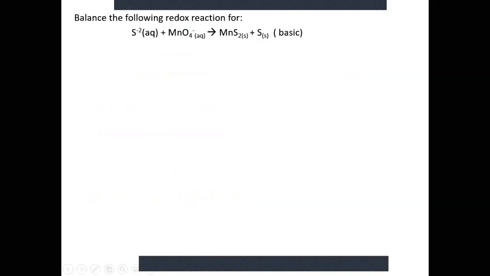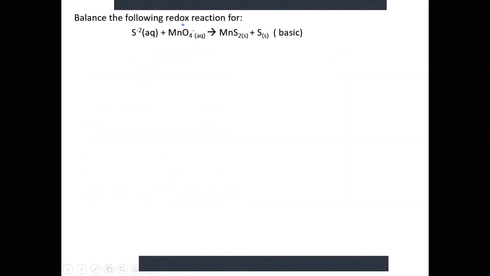So the last example, we want to balance this reaction in a basic solution, so we got to determine the charge of each species. So here again, oxygen is -2, manganese is going to be a +7.